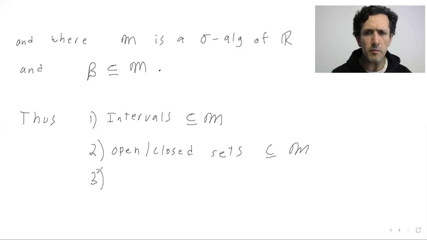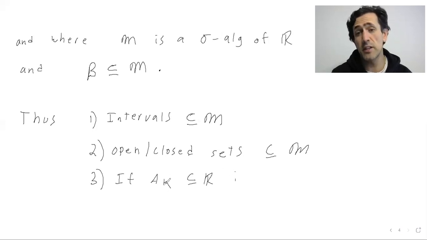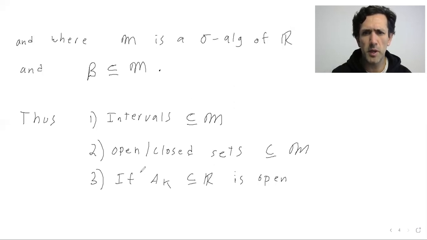Well, let's say A_k is open for each k between 1 and infinity, k a positive integer. Just to make sure we're all on the same page.